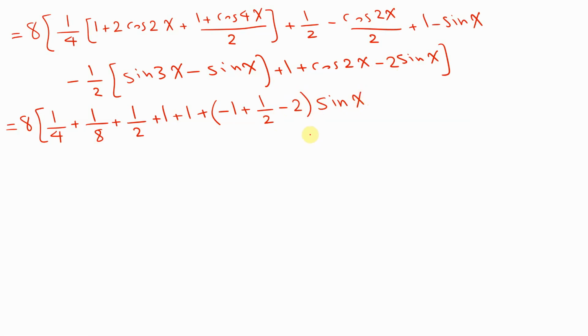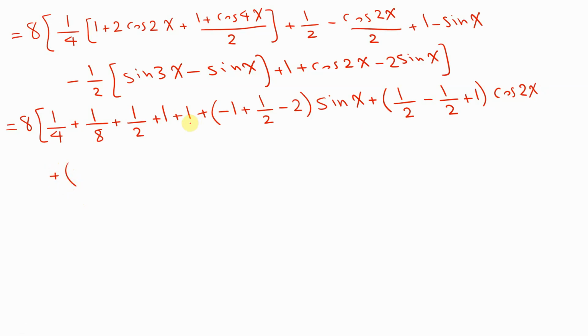How about cosine of 2x? Plus 1 divided by 4 times 2, which is 1 divided by 2. And here, this one, we have minus 1 divided by 2. And here we have plus 1 for cosine of 2x.